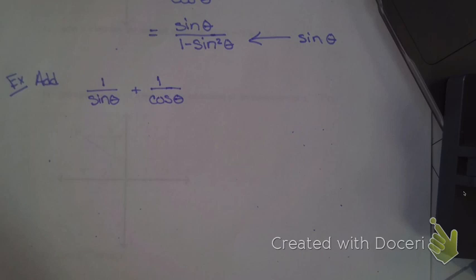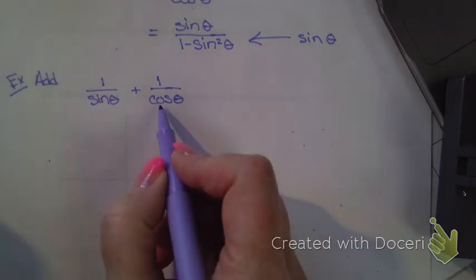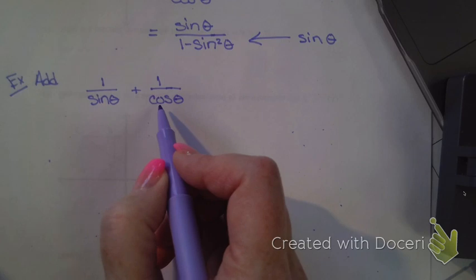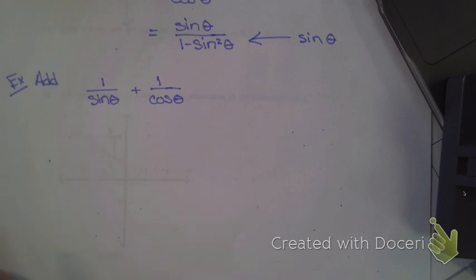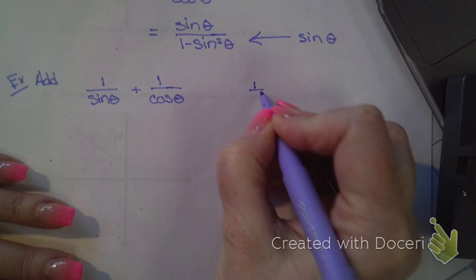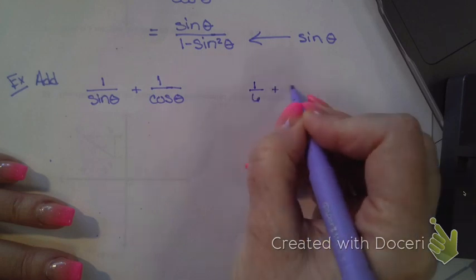But in fractions, we don't have to do that. In fractions, what do I do before I add or subtract them? I have to have what? Common denominators. So I could turn this into the square root of 1 minus sine squared, but that wouldn't be a common denominator, would it? No. So how would I get common denominators between sine and cosine? What if I had 1 over 6 plus 1 over 7?